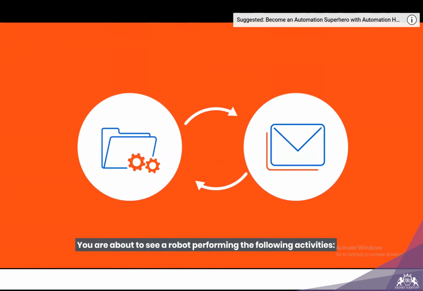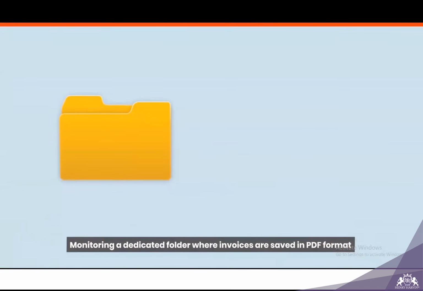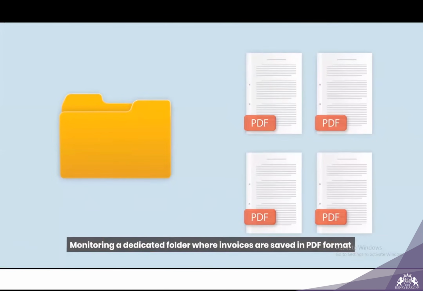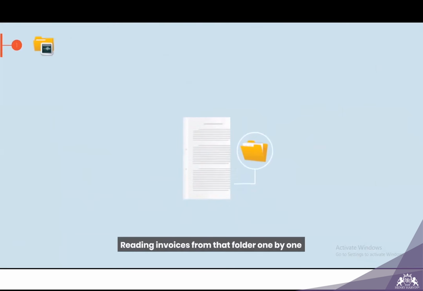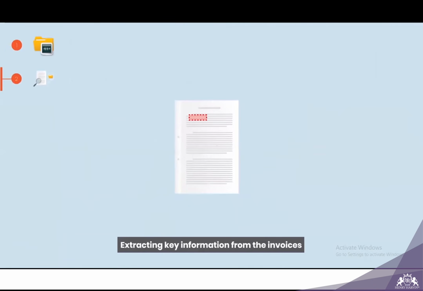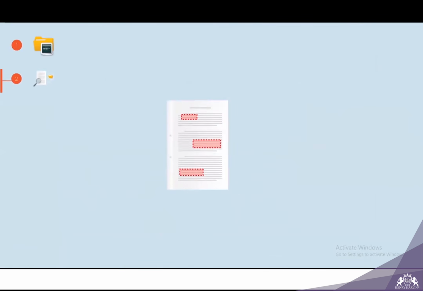You are about to see a robot performing the following activities. Monitoring a dedicated folder where invoices are saved in PDF format. Reading invoices from that folder one by one. Extracting key information from the invoices.